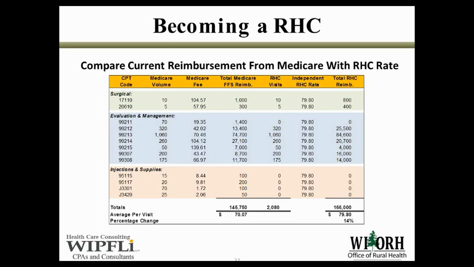And what you'll see from an independent rural health clinic reimbursement difference, the change may not be that dramatic for Medicare purposes. Here we're only showing about a 14% increase in Medicare reimbursement, which translates into about $20,000 a year. Certainly not a small amount, but it's a relatively modest increase in Medicare reimbursement for the independent RHC.